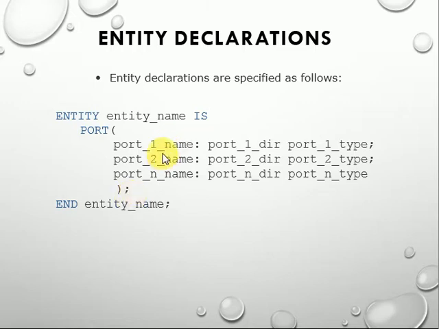So if there are n number of ports, then for each port there is the name, then its direction, or we can say the mode of that port, and then after a space it will be followed by the port type. So these are the ports that will be present, and then the keyword end, followed by the entity name, which is user specified.